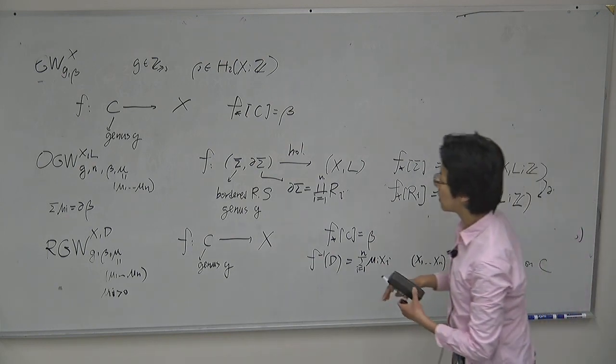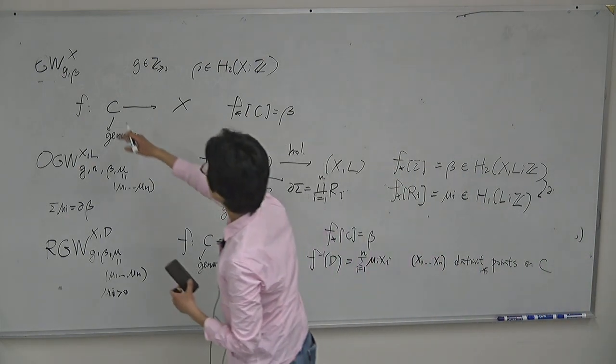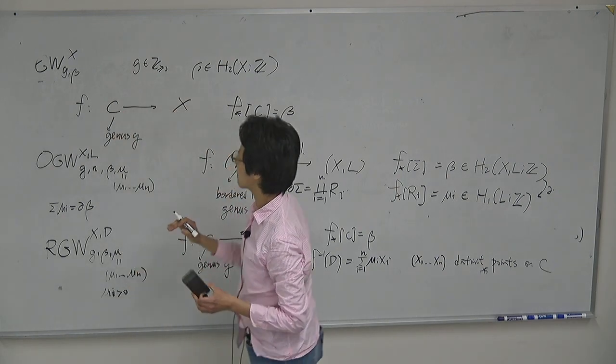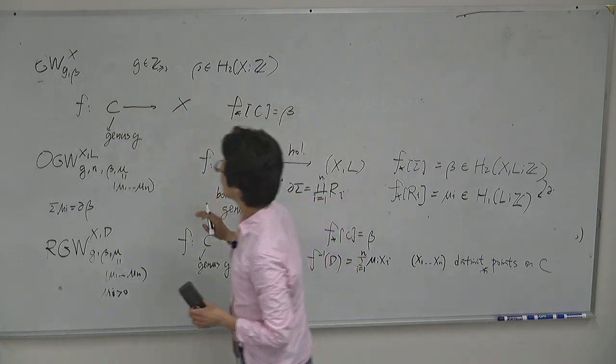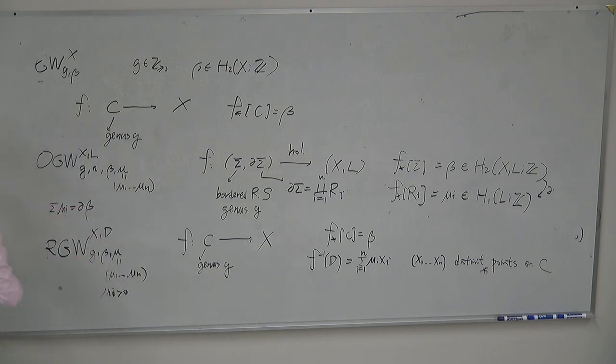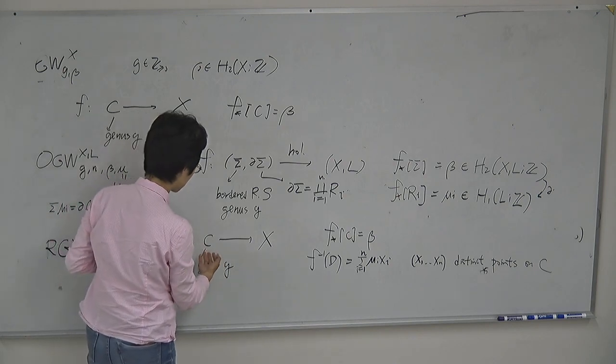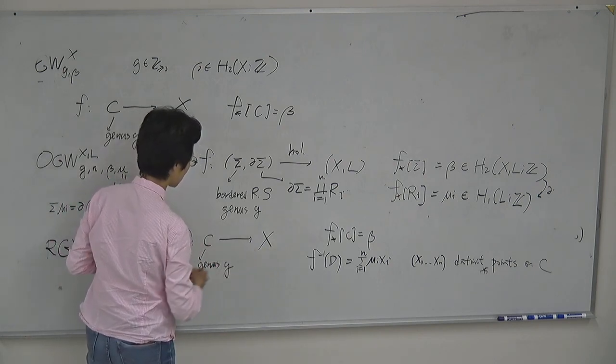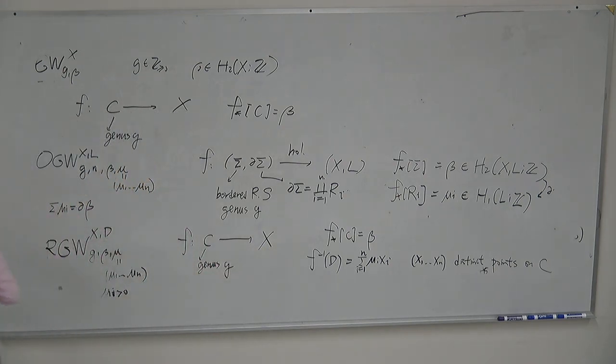Of course, if we want to define this, we use stable compactification, and then also there's a relative version where you need to introduce nodes on the domain and also allow the target to bubble.